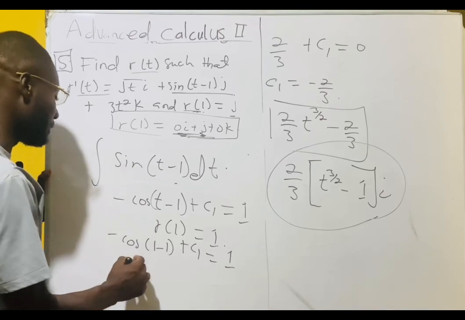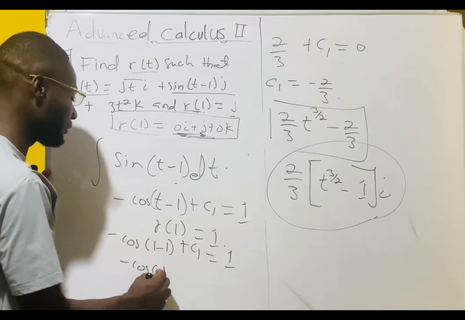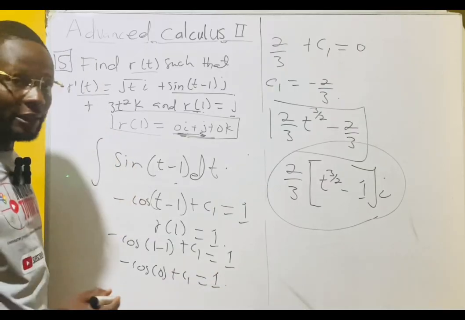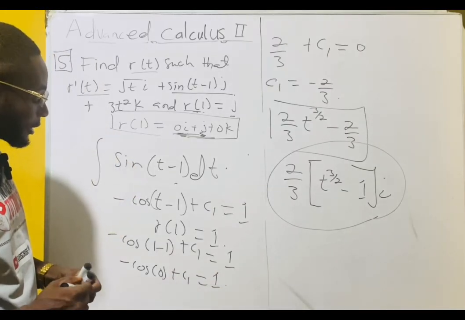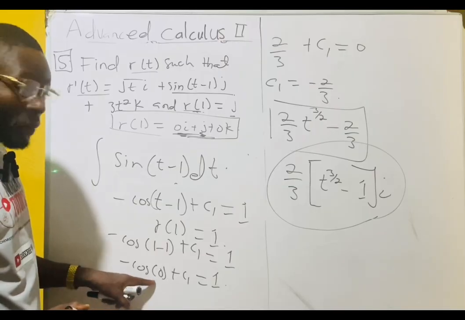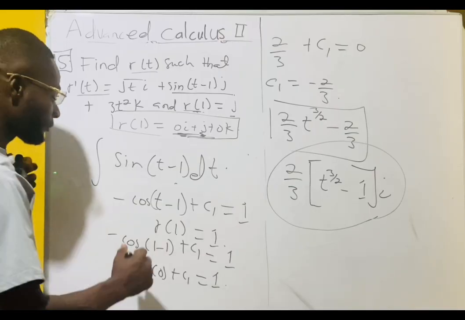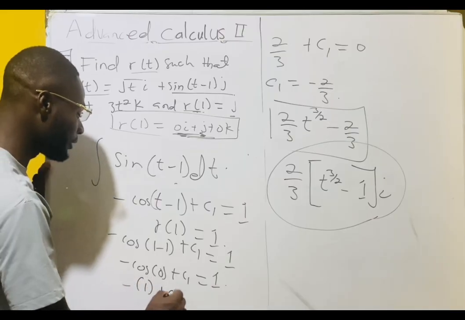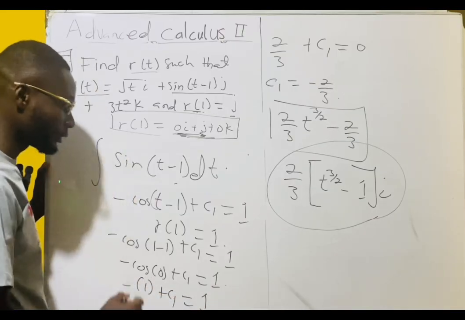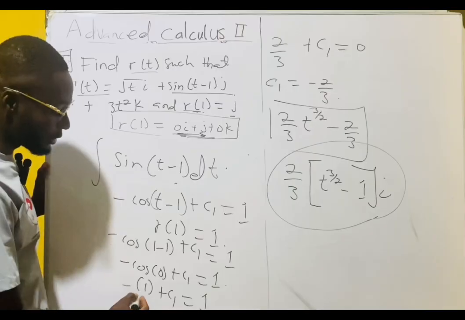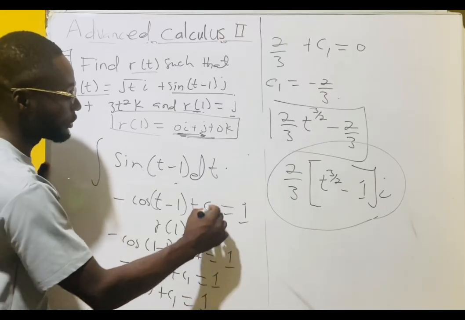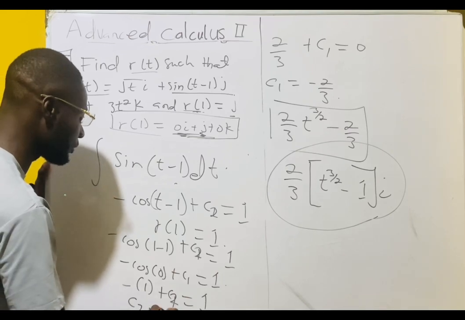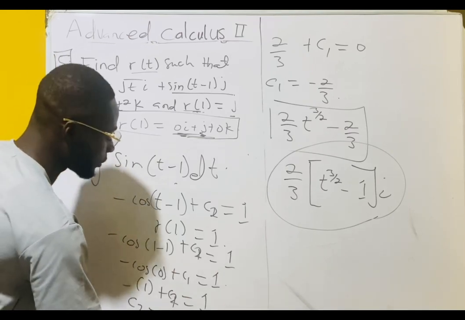Okay, and we know that this is going to be negative cos 0 plus c2 equals 1. And cos 0 is basically 1, right? So we're going to have negative 1 plus c2 equals 1. So this means that our c2 is equal to 1 plus 1, which is equal to 2.